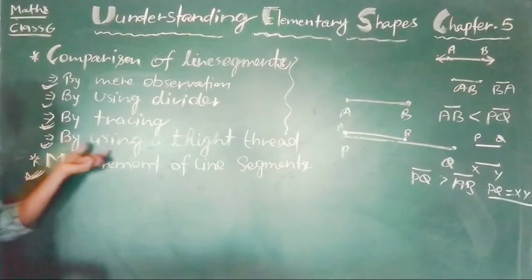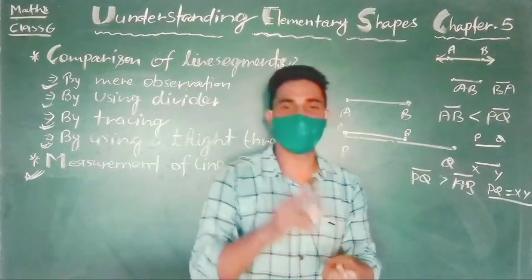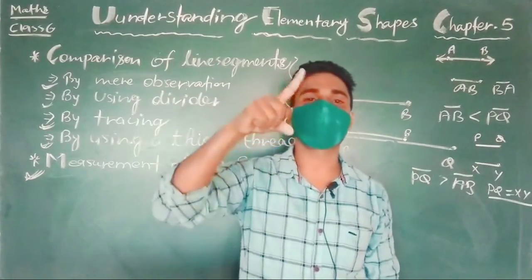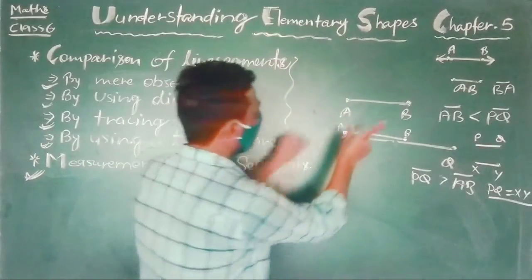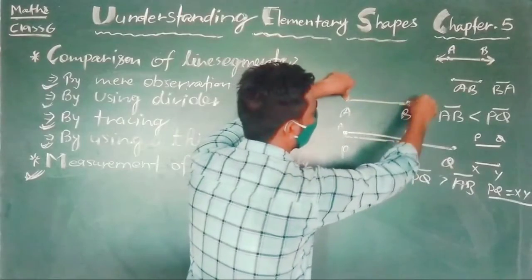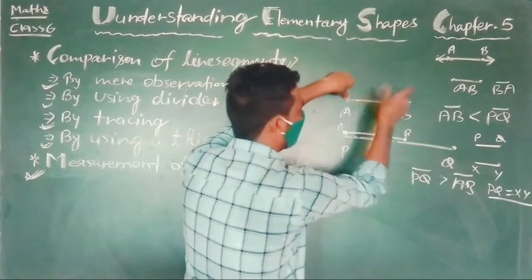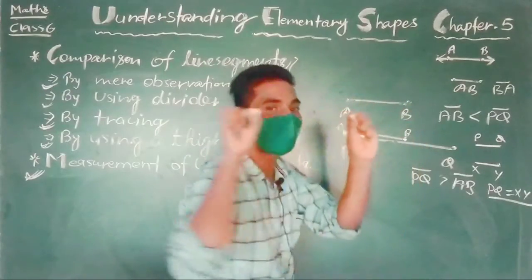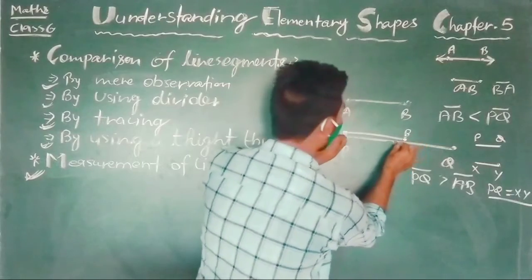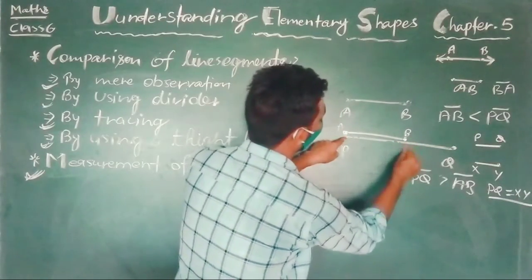Okay, so by using thread, how to measure? One end of the thread you will hold with the thumb, and this is called the forefinger. Suppose one end of the thread we put here, and the other end till here, and by that we measure the length of AB. Again we keep holding the thread and put it on PQ, and you can see this B will come till here only.